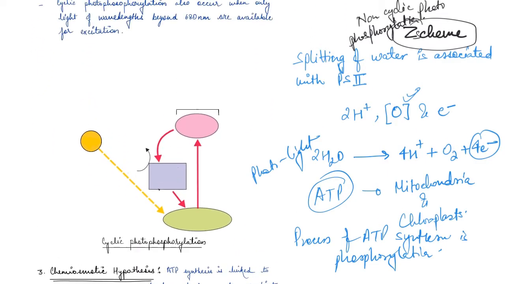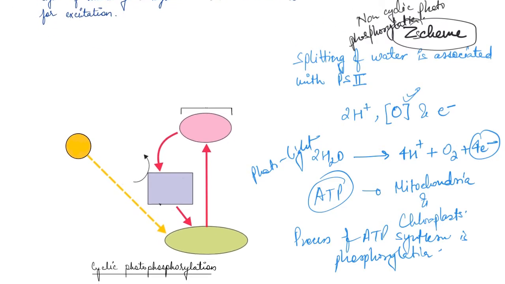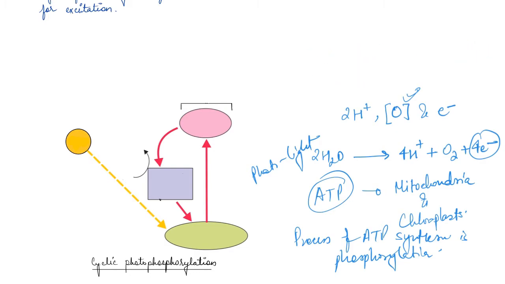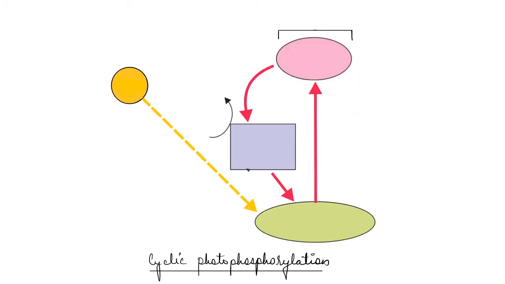Now let's see how this cyclic photophosphorylation happens. This is sunlight. From here the sunlight is going towards the P700, which is inside the chlorophyll. It is happening in the stroma lamellae, right?